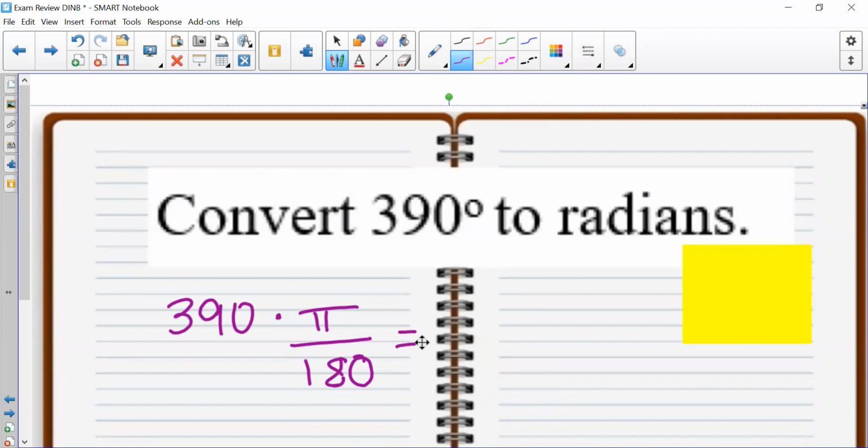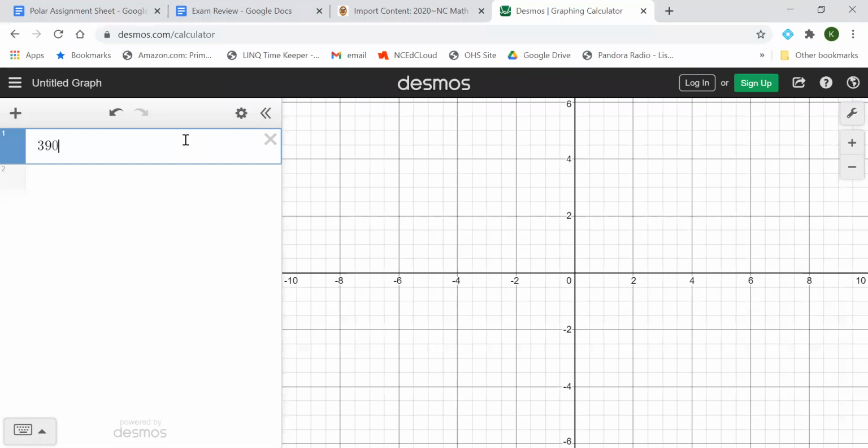Remember that when we simplify this, we only type in 390 over 180. We don't type the pi in the calculator because pi is going to be in our final answer. So you can just type it in Desmos, we would just do 390 divided by 180.